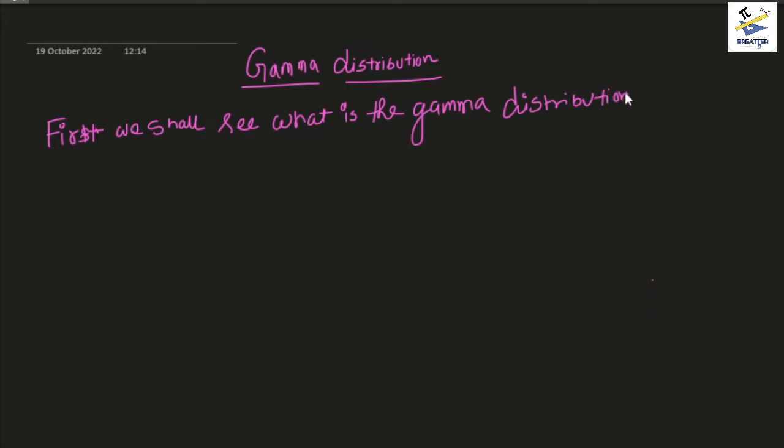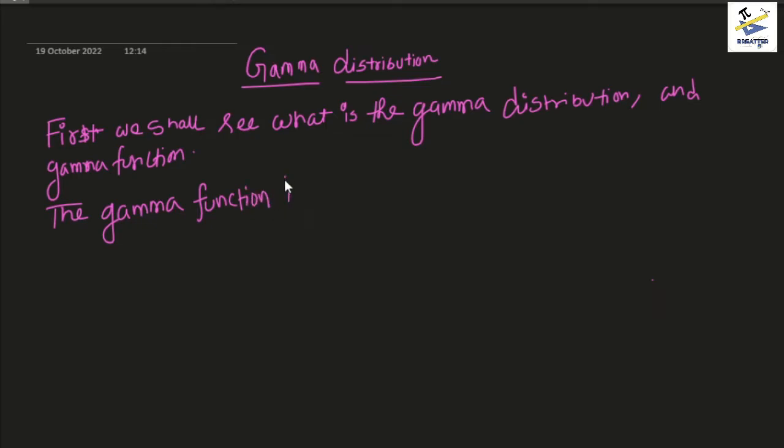So first we shall see the gamma distribution and gamma function. The gamma function is denoted by gamma of n, where n cannot be a negative natural number, right?